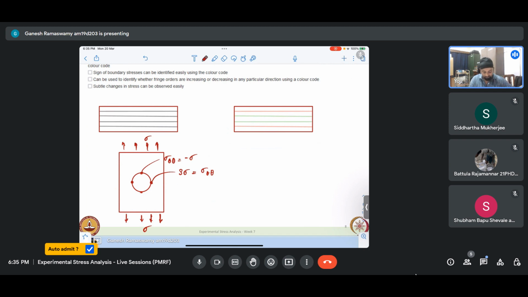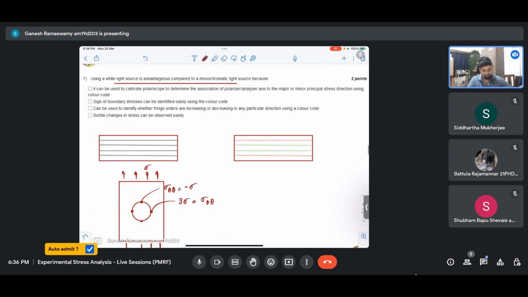Now, let us say that we did not know this problem a priori, and we just know the fringe orders here. Our idea is to find out whether sigma 1 minus sigma 2 pertains to the maximum principal stress or minimum principal stress.